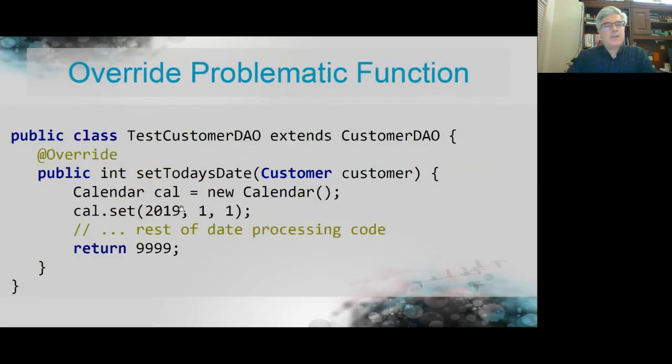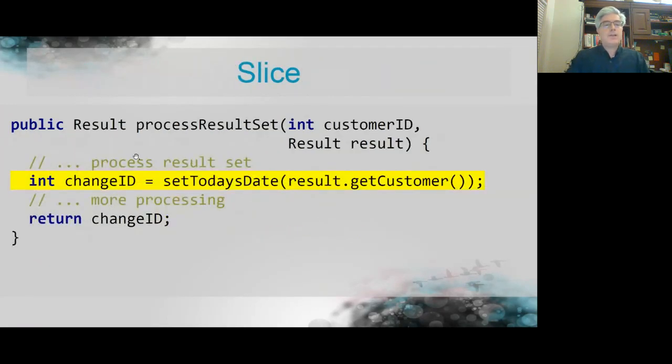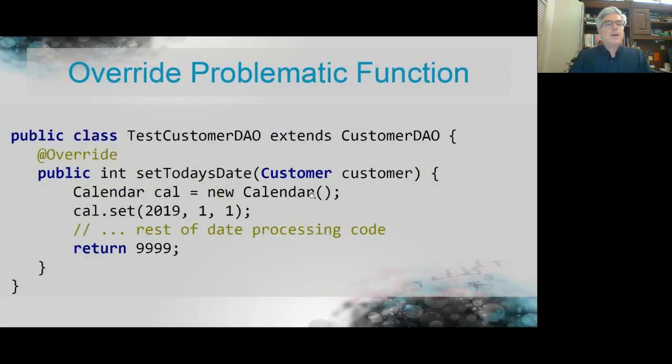We'll have our calendar, we'll set the date to a date that we're interested in, and then we have the rest of whatever processing code is in this set today's date, and we'll return 99.99. Because this function of set today's date is not really what I'm testing. I'm really testing the processing and the pre-processing and the post-processing of that, right?